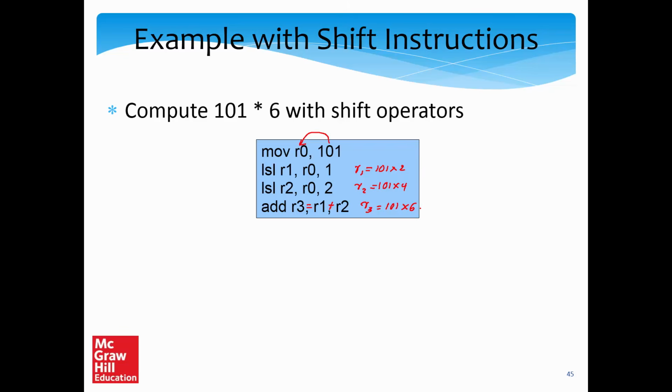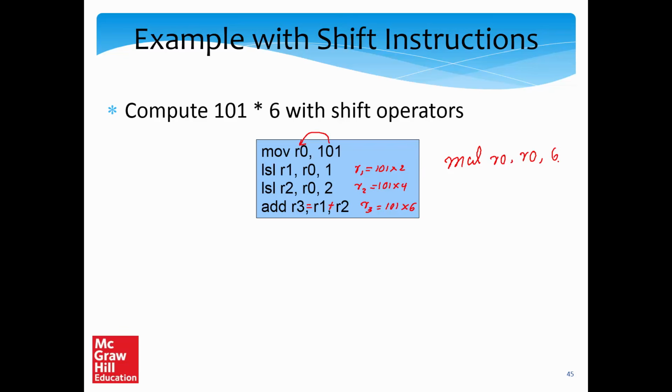So, a skeptic would ask why did we do this? We should have simply loaded 101 into R0 and written an instruction of this form. As simple as this. We should have taken R0, multiplied it with 6 and saved the result in R0 or R3 or any other register, right?